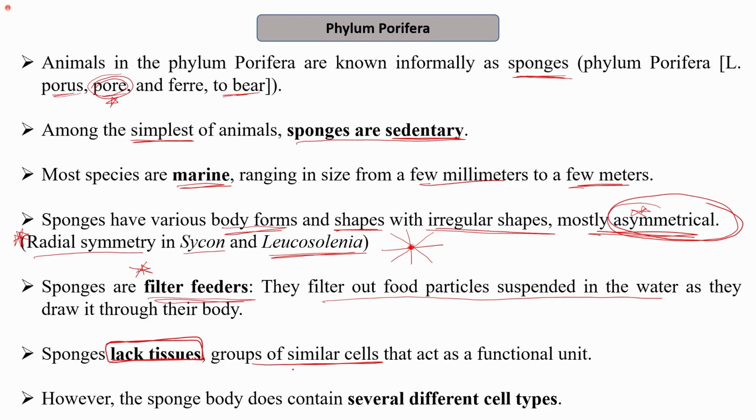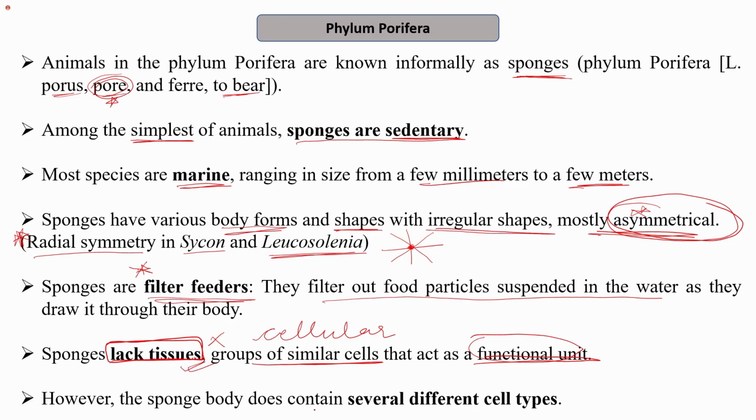What is the definition of tissues? Tissues are groups of similar cells that act as a functional unit, right? So they lack tissues and have a cellular level of organization, where different cells play different roles, and there is no group of similar cells acting as a functional unit together.